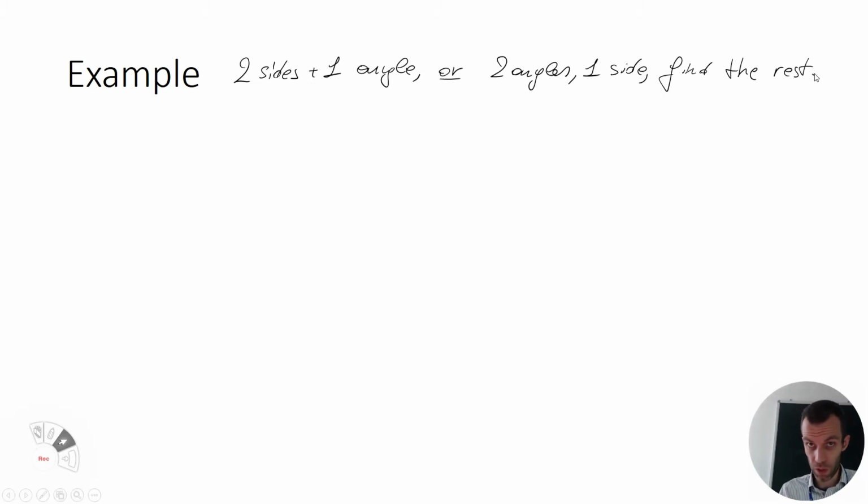If that's the situation you're in, you have 2 plus 1 of either kind, then you can use the sine formula.